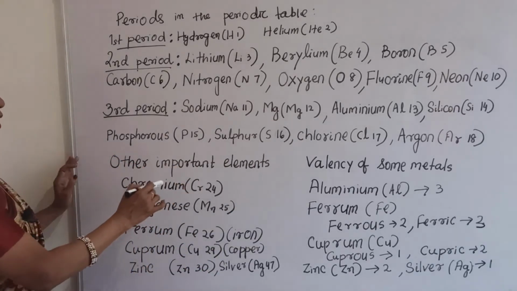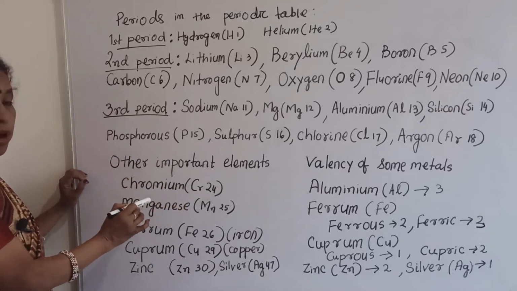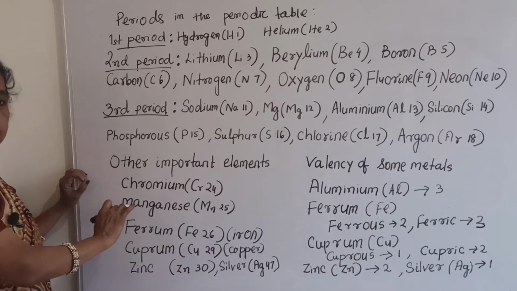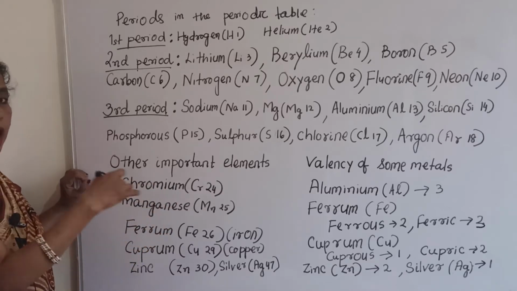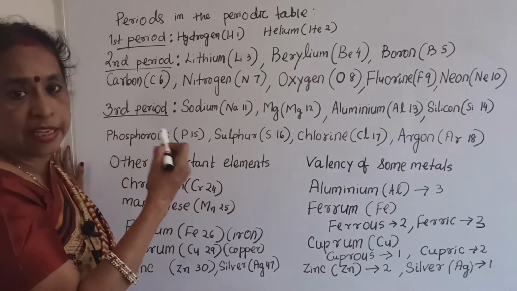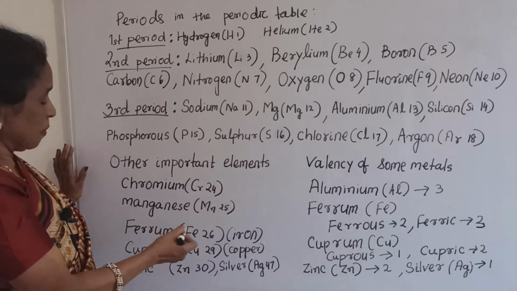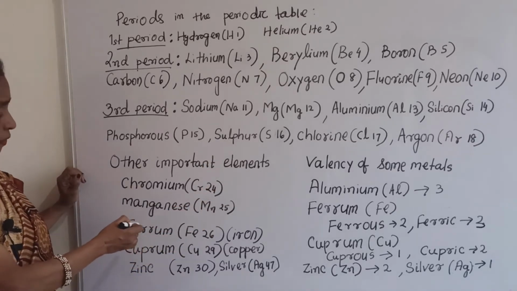So, other important elements: chromium, Cr, C capital, r small, atomic number 24. Similarly, manganese, Mn, and ferrum, Fe. In English the name is iron, which is famous. In English you say iron, but in chemistry, in Latin, it is ferrum.